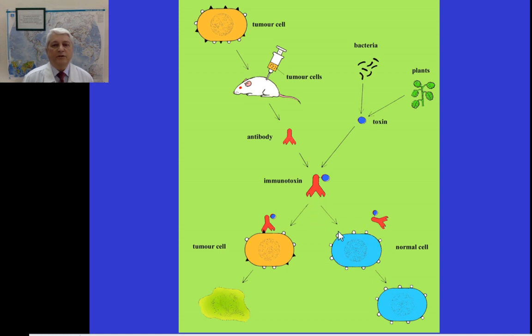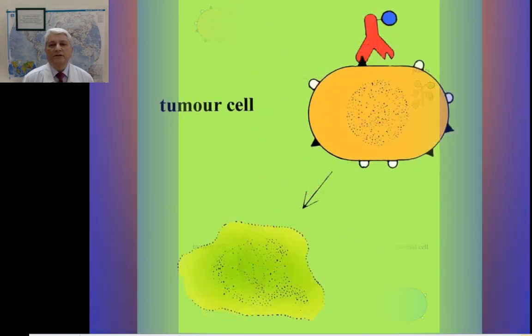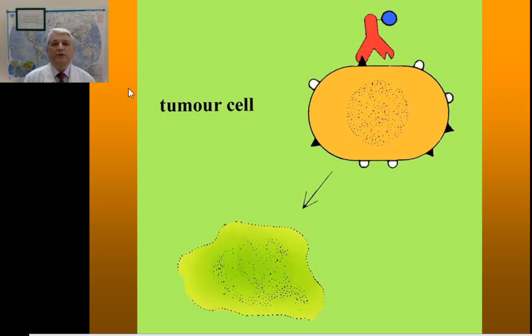Normal cells will still live, and malignant tumor cells will be killed. How killed? You see on this picture. They came inside of the cell, and the drug kills the malignant tumor cell. If we take larger magnification, we can see it here.